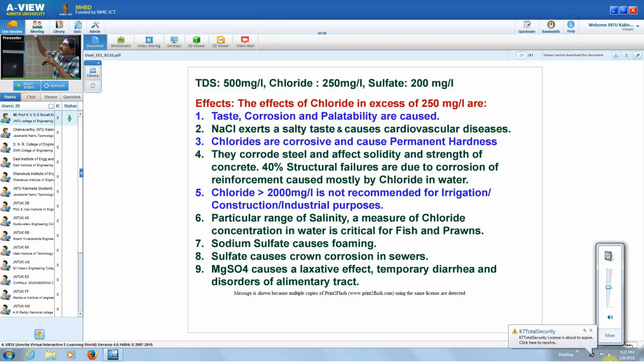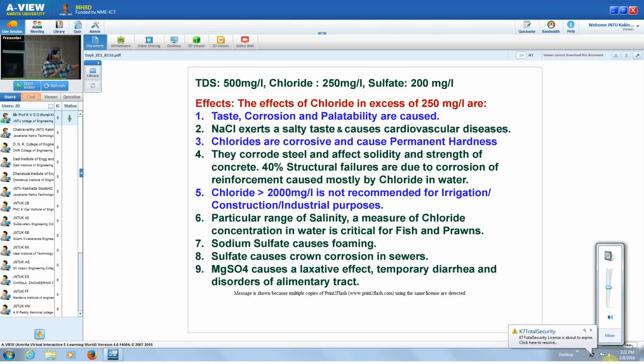Inside the sewer, sewage is flowing, so this H2S gas escapes, combines with moisture, and eats away the inner portion of the crown of the sewer, and the whole sewer is gone. This is called crown corrosion.